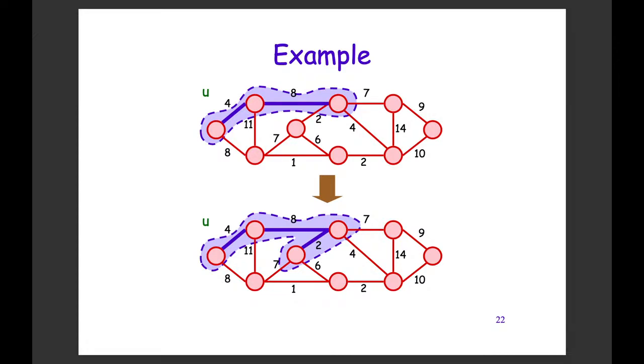So instead of checking whether two nodes are already in the same component, we need to find out whether the endpoints of an edge are already both in the spanning tree or not.